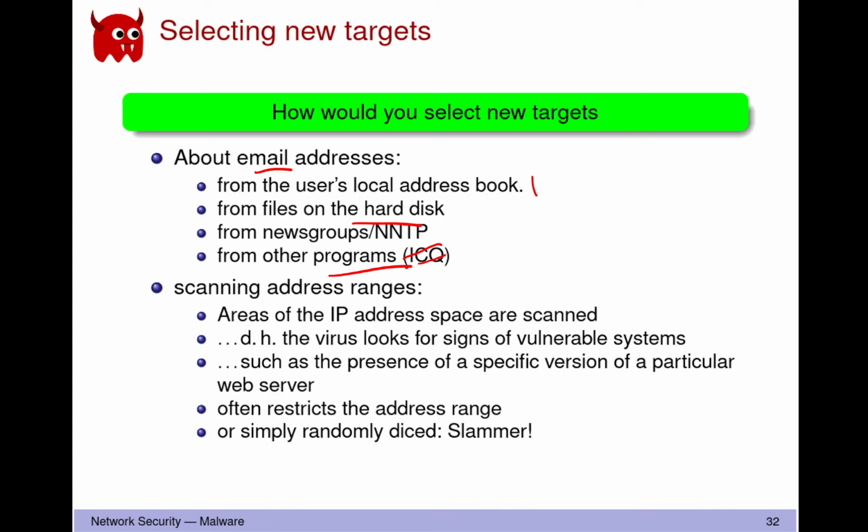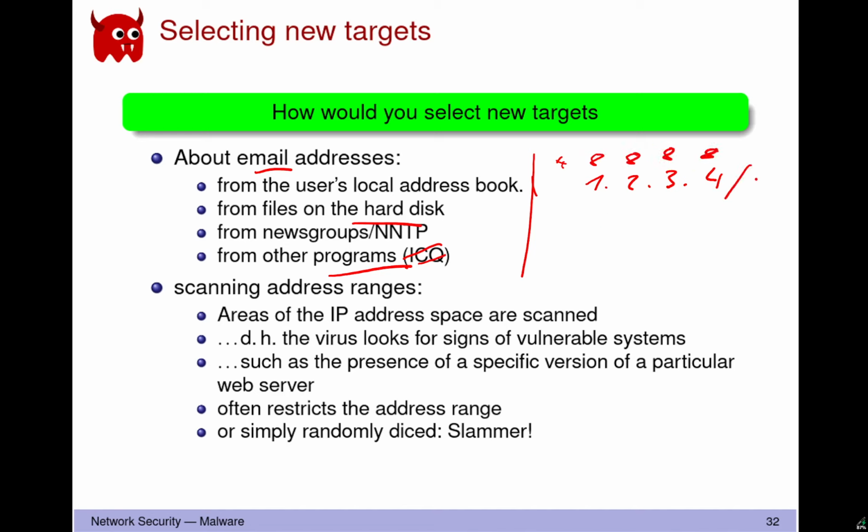So email addresses are easy to come by. Or if you go for IP addresses, then you can first look in the subnet in which the PC is. As you know, you have an IP address. It's four octets, so 4 times 8 bits.